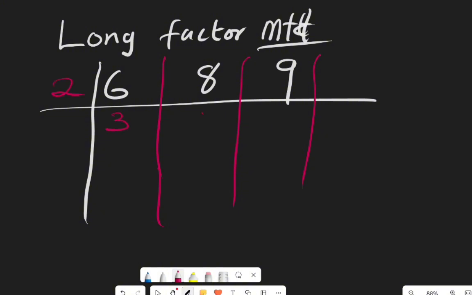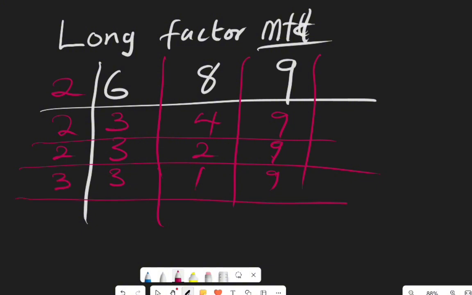2 gives you 3, 4, and 9. The next is 2. 2 into 3 remains 3, 2 into 4 gives 2, 2 into 9, 9. The next is 2. 2 into 3 remains 3. 2 into 2 gives you 1. 2 into 9, 9. The next is 3. 3 into 3, 1. 3 into 1, 1. 3 into 9, 3.